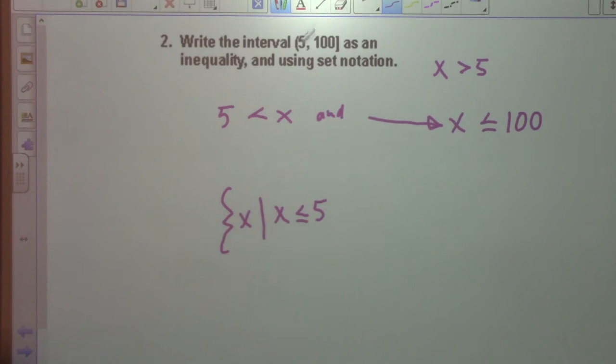Start with what? 5, and then what? x, and then what? Less than or equal to 100. So we have that, and now what can we do with this? Put this right in here, can't we? So we can just insert it down below. 5 is less than x, which is less than or equal to 100.